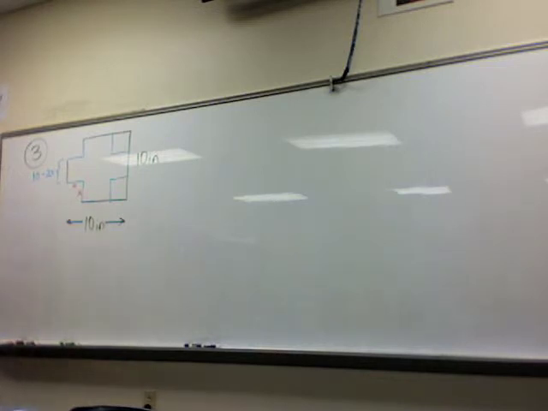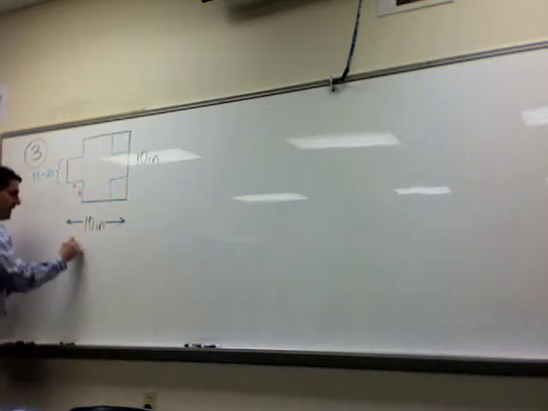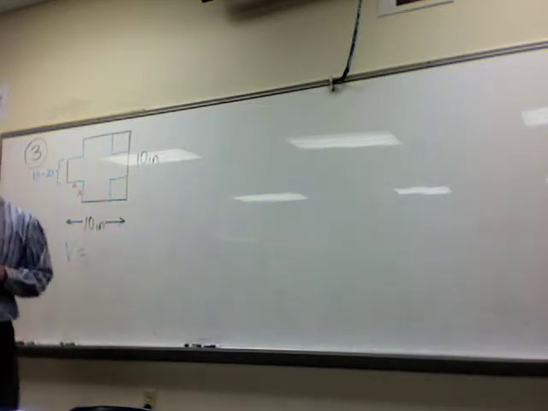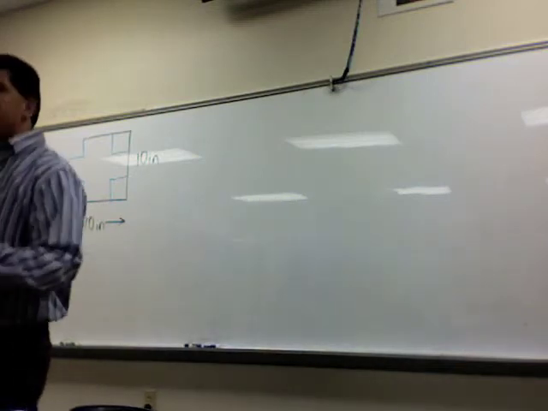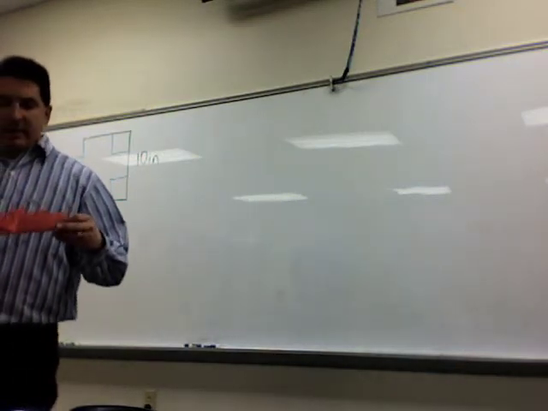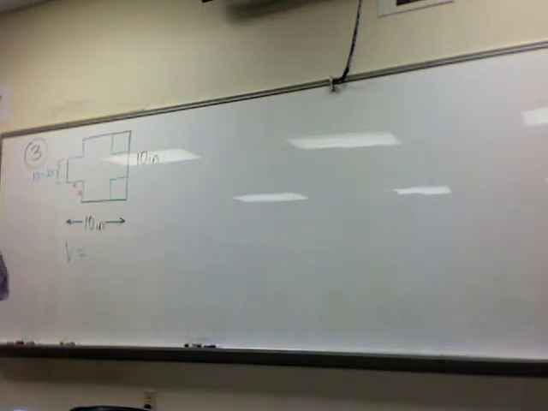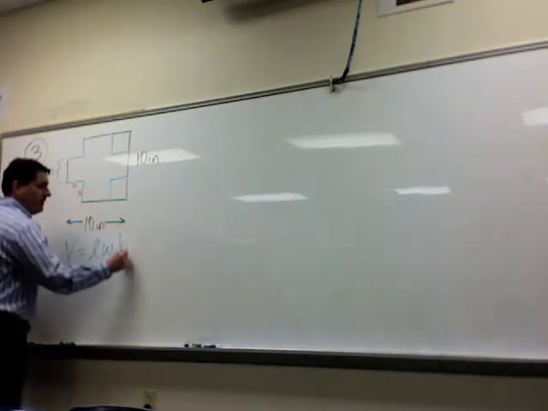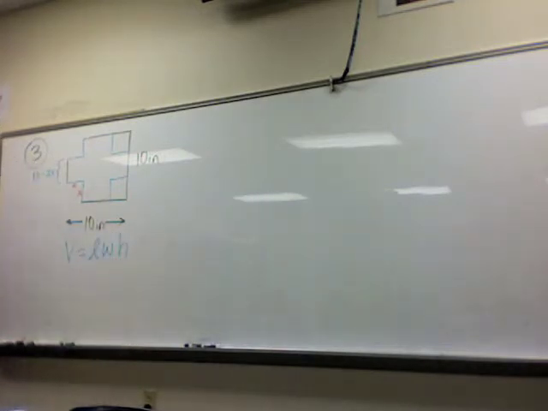Careful. Volume, because the end result is a volume. Okay, what's the volume of this shape? Length times width times height. This is a rectangular prism, so it's length times width times height. Okay. All right, we've identified everything that we know.